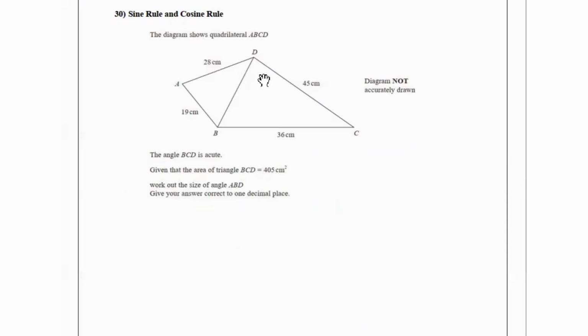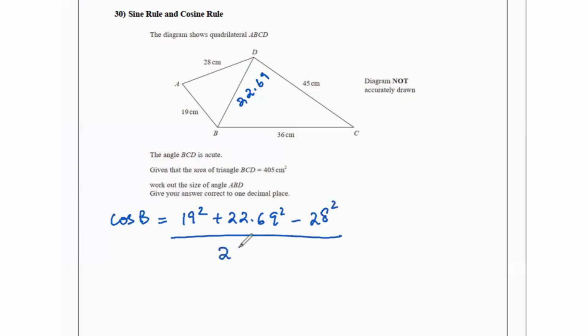So once again, we can use the cosine rule to find angle B. So 22.69 over here. We can do cos of angle B equals 19 squared plus 22.69 squared minus 28 squared, divided by 2 times 19 times 28.